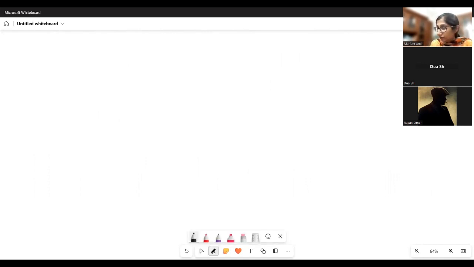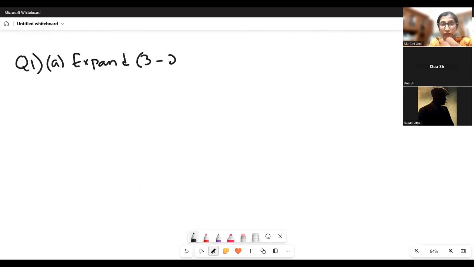So the next question is, let's call it question 1 because it's the first past paper type question. Part A is expand (3 - 2x)^5 up to the x squared term.